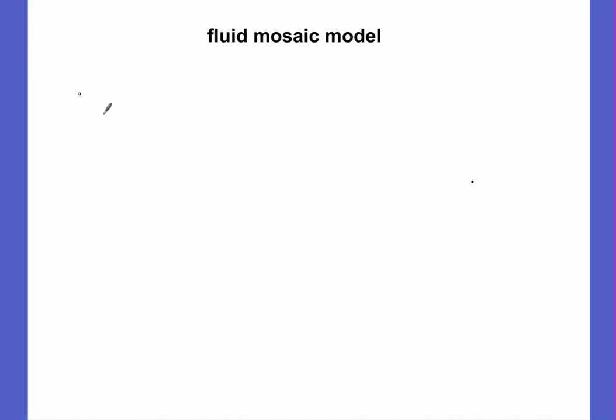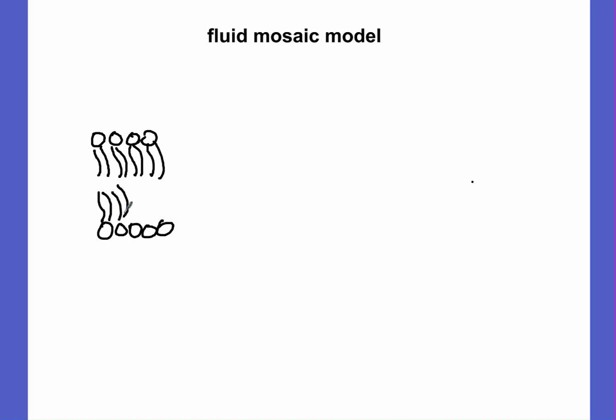So I'm going to draw this fluid mosaic model. The first pieces, just like we were talking about, are going to be these phospholipids. So I'm going to draw a bunch of phospholipids. And there's two layers, right? It's a bilayer. So you got one row of those phospholipids on one side, one row on the other side, right? These phospholipids are basically going to glue everything together.